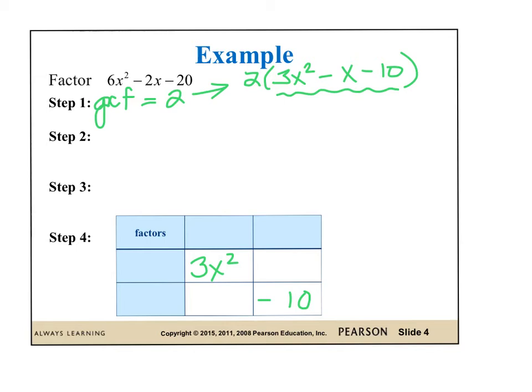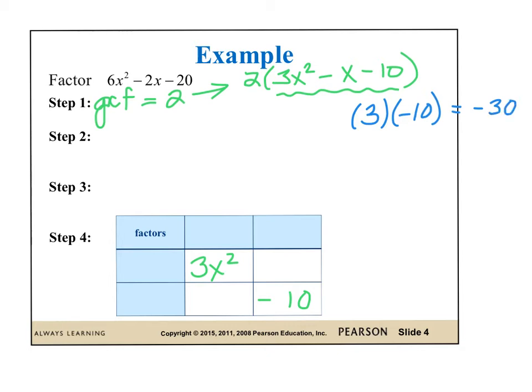And so our product of A and C is 3 times -10. And 3 times -10 equals -30.